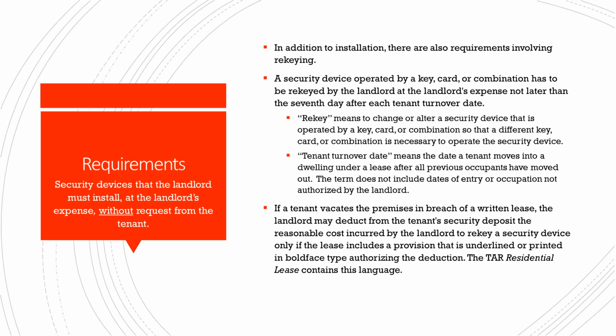What the property code requires is that a security device operated by a key, card, or combination has to be rekeyed by the landlord at the landlord's expense, not later than the 7th day after each tenant turnover date. Tenant turnover date means the date a tenant moves into a dwelling under a lease after all previous occupants have moved out. It does not include dates of entry or occupation not authorized by the landlord.